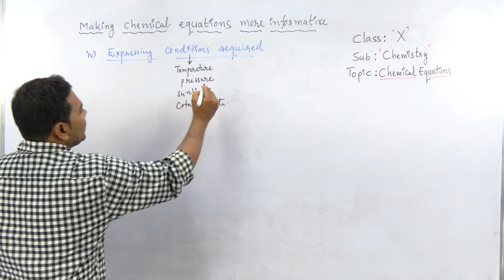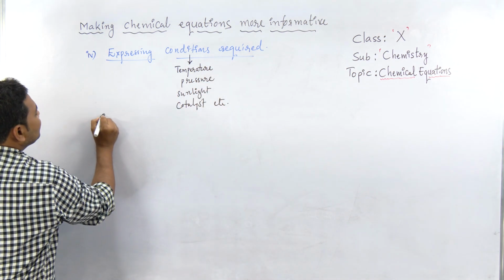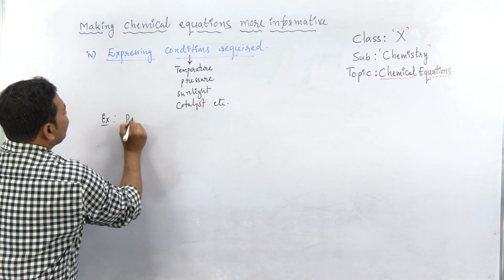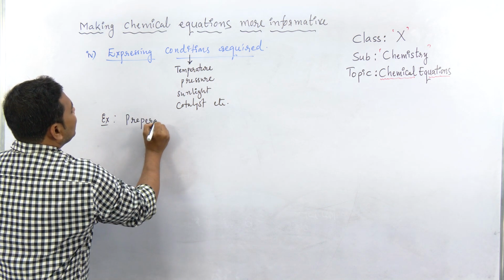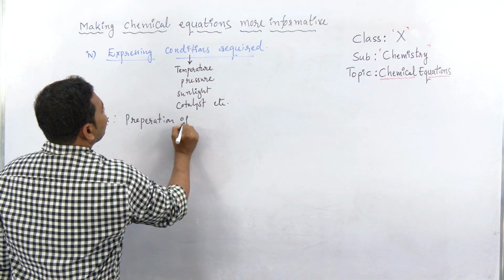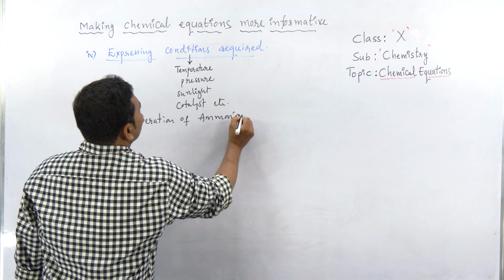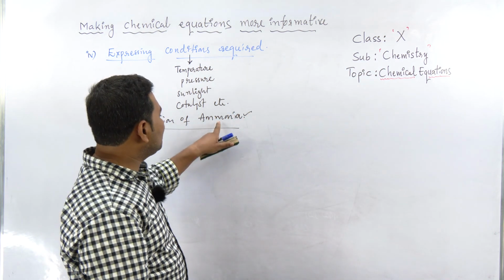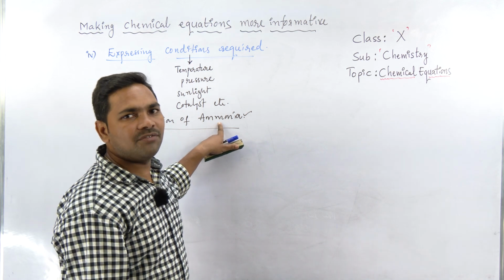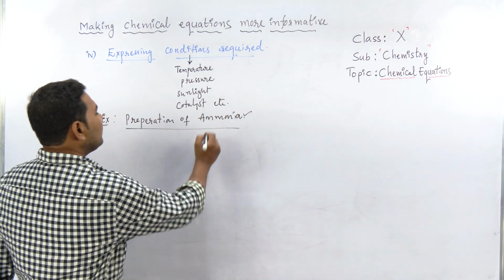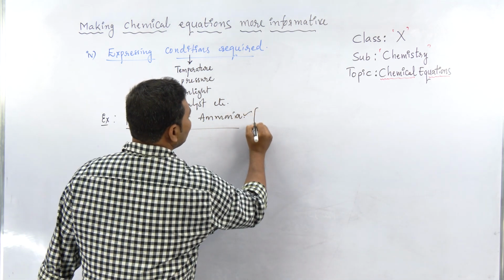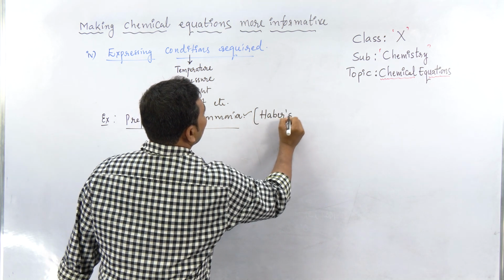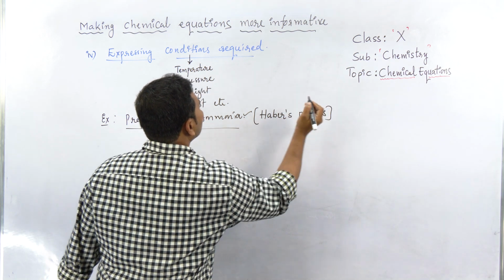Then let's see an example: the preparation of ammonia. This is one of the important commercial substances, which is used to make fertilizers. Ammonia is generally prepared by a method called Haber's process.